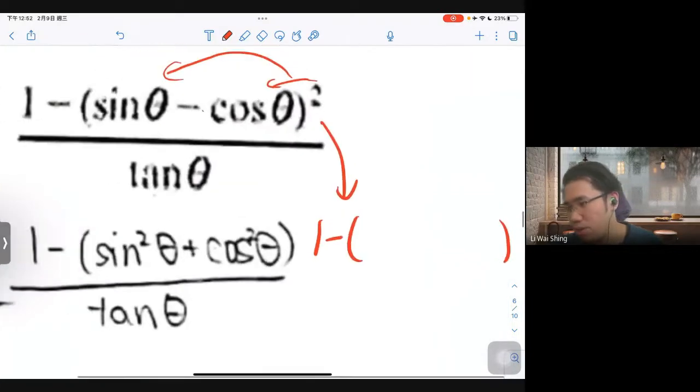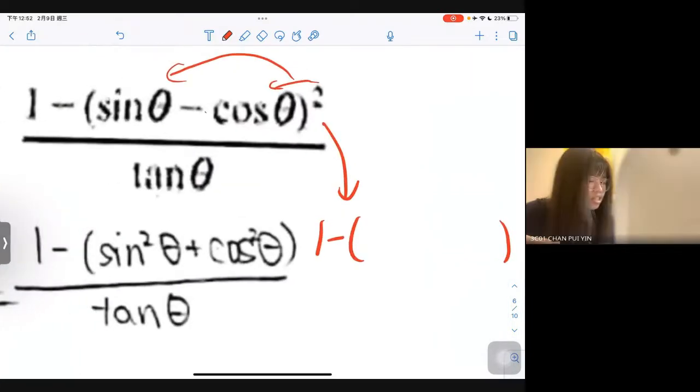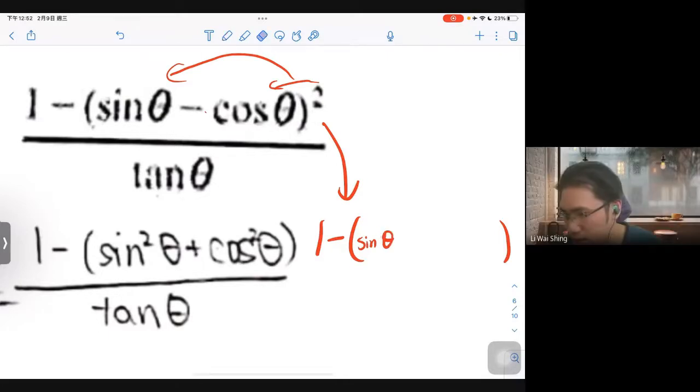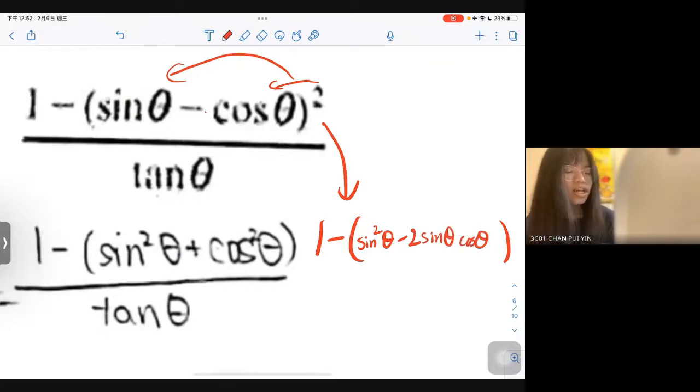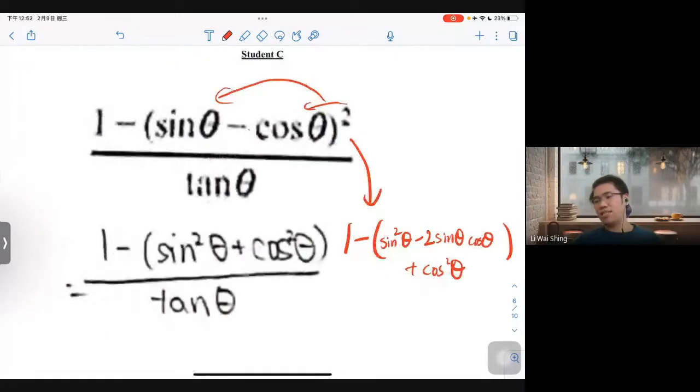Can you tell me once again? sin 2次 theta 減 2 sin theta cosine theta 加 cosine 2次 theta. Yes, that is the correct answer. Okay, thank you so much.